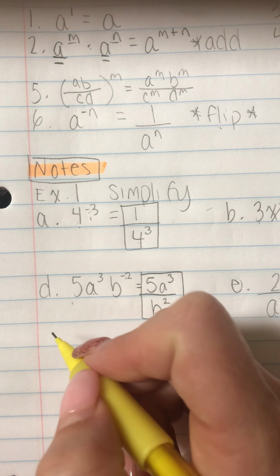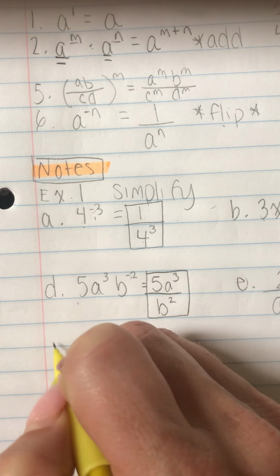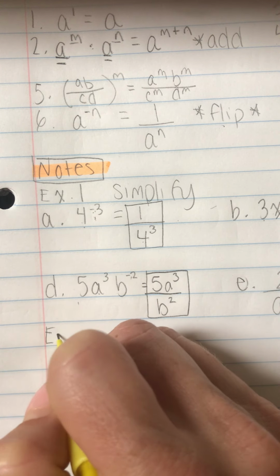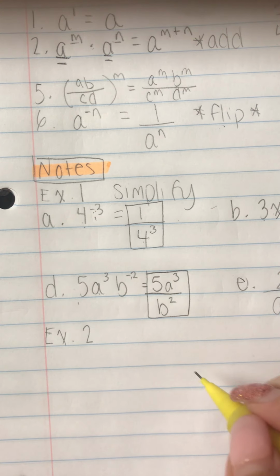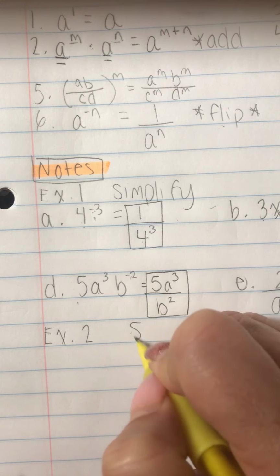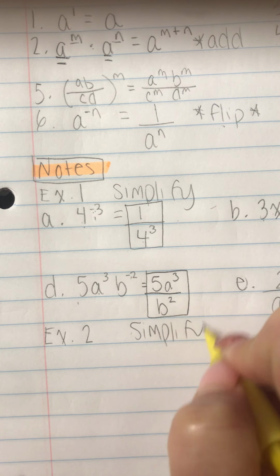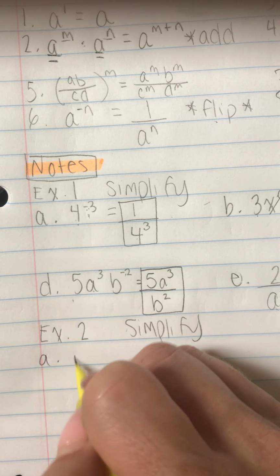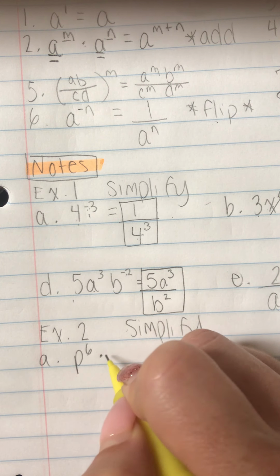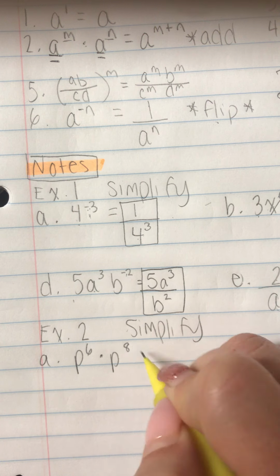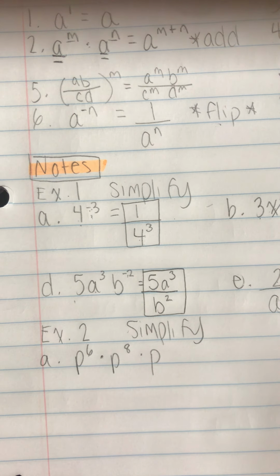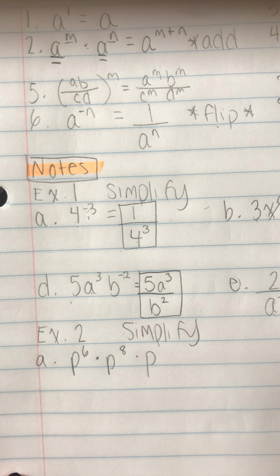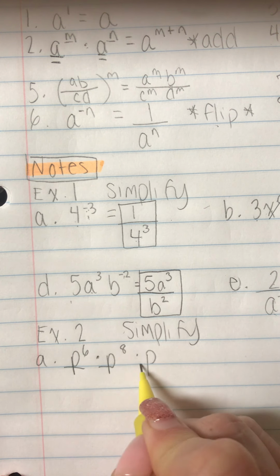I am moving on to example 2. We're going to simplify again, starting off with letter A. P to the 6th times P to the 8th times P. All right, they've got the bases in common.